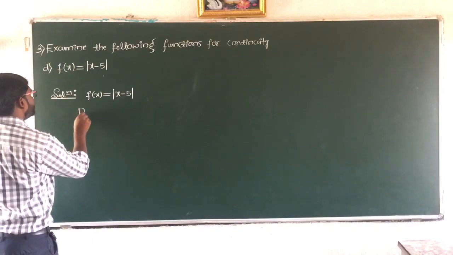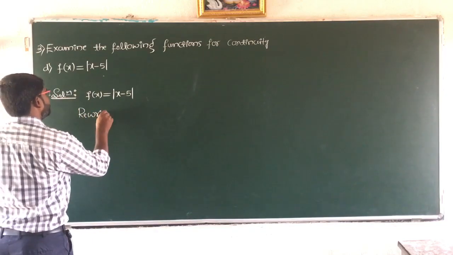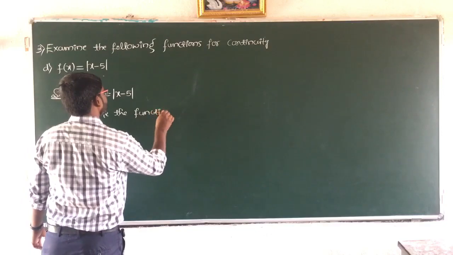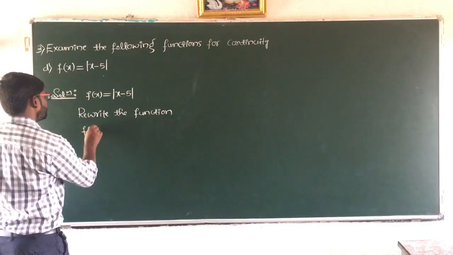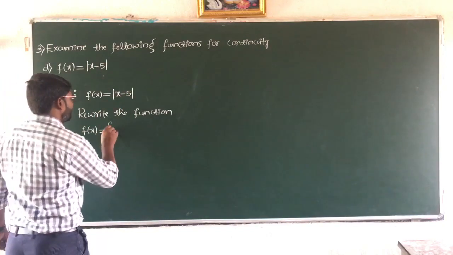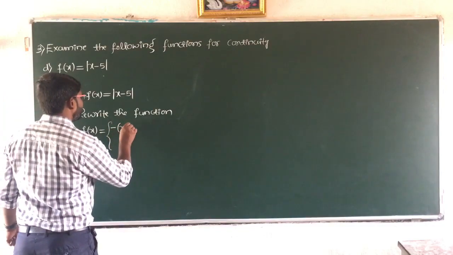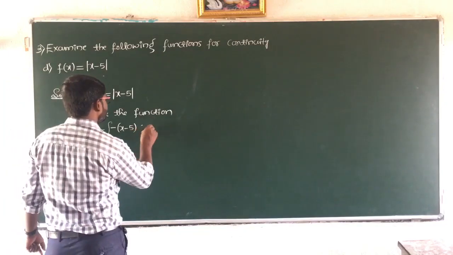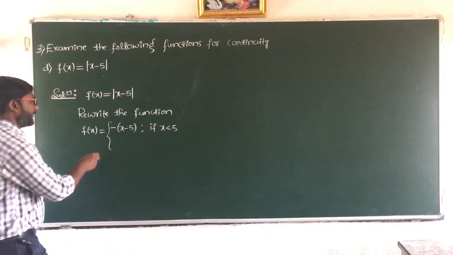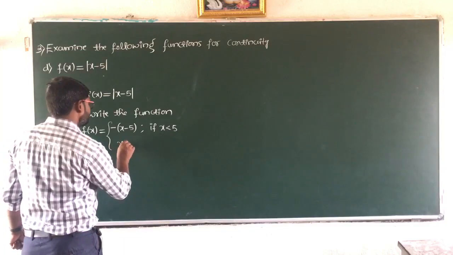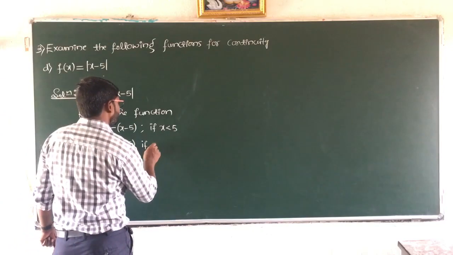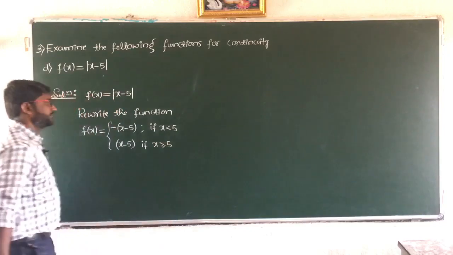So now rewrite the function. f of x is equal to minus of (x minus 5) if x is less than 5, and plus (x minus 5) if x is greater than or equal to 5. So we have rewritten the given function.